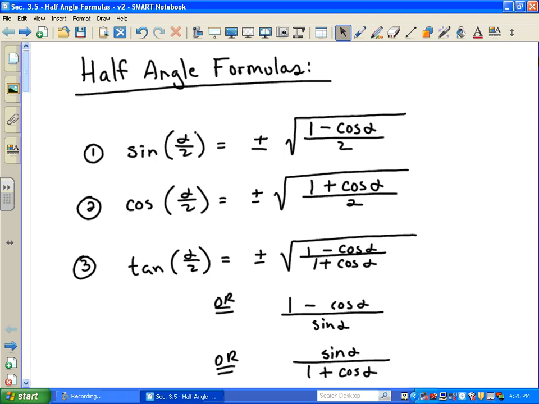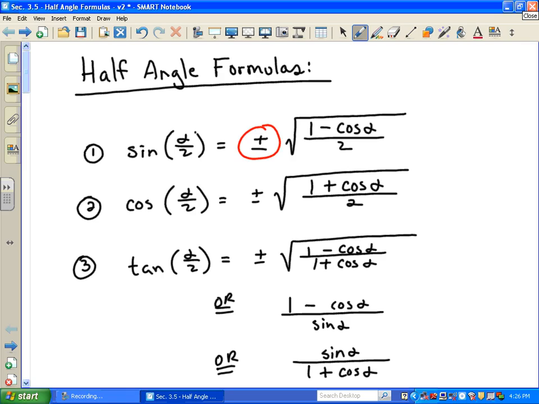The first thing I'd like to point out about the formulas is that for 3 of these, there is a plus and minus sign written in front of the formula. That doesn't mean plus and minus like it does in the quadratic formula, meaning that there's 2 answers.